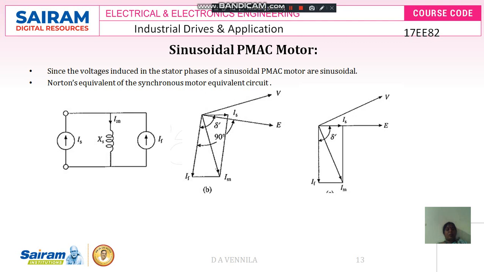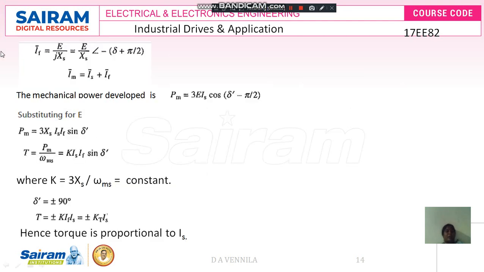Now, let us discuss this phasor diagram. Here IF is given by E divided by j XS, which can be written as E divided by XS at an angle of minus alpha plus pi by 2.